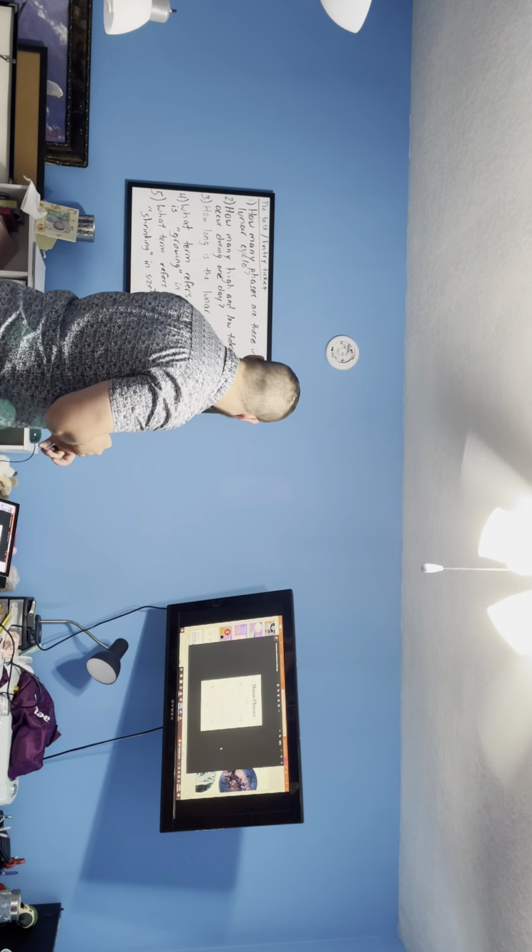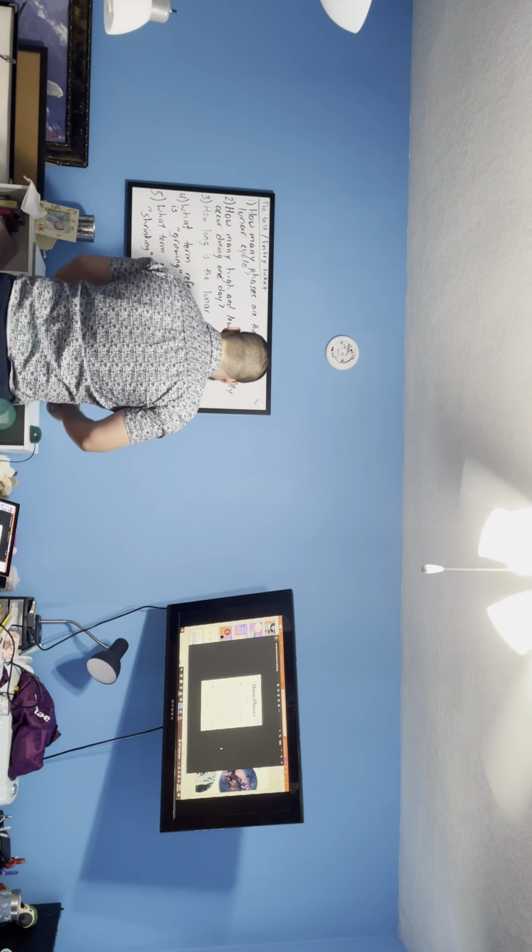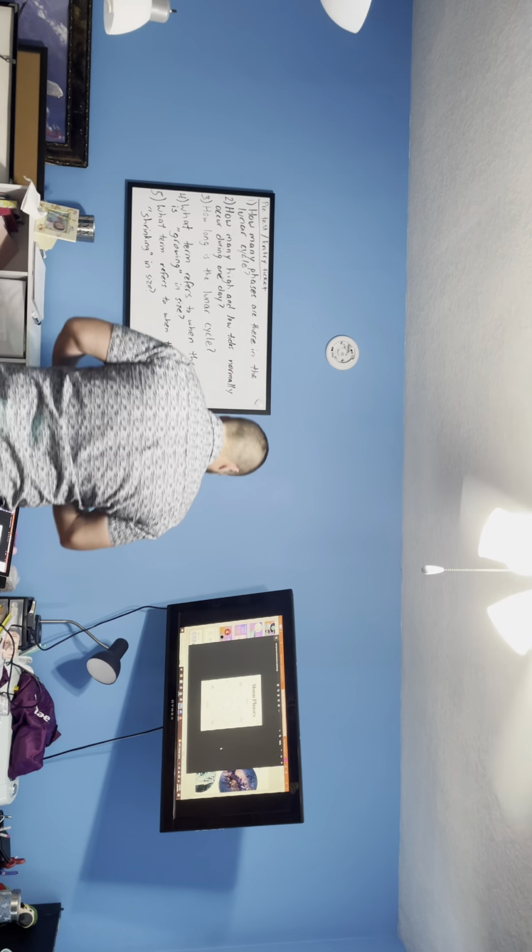Okay, is everybody seated with their partner? Good, good. So now I have this up here, the moon phases, which I'm actually going to be handing out to you guys.